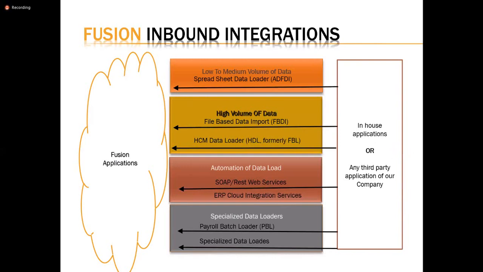As I was saying, we have something called Integration Cloud Service. It is a component of the platform as a service model. In platform as a service, Oracle has given something called ICS.